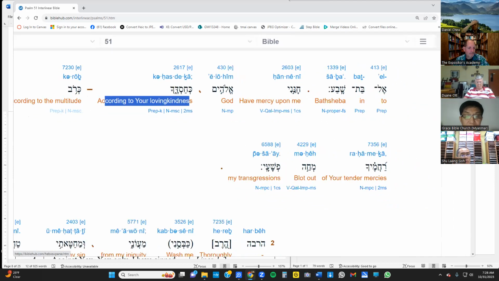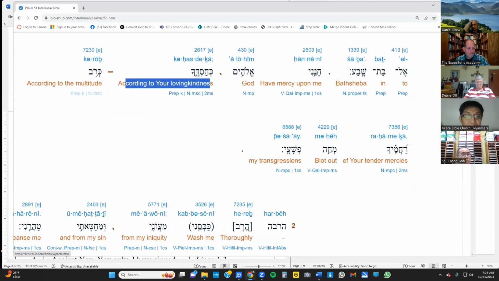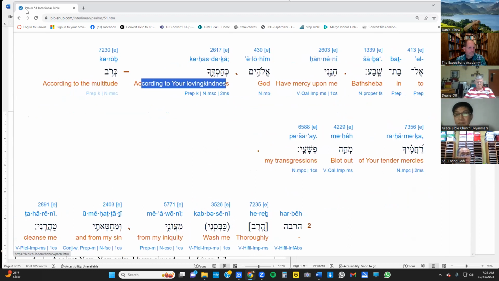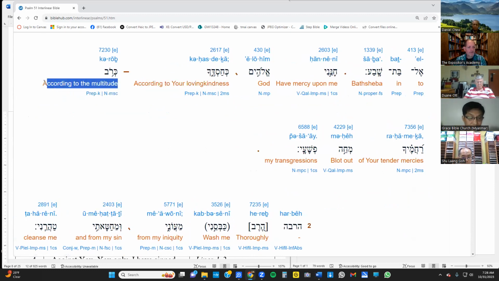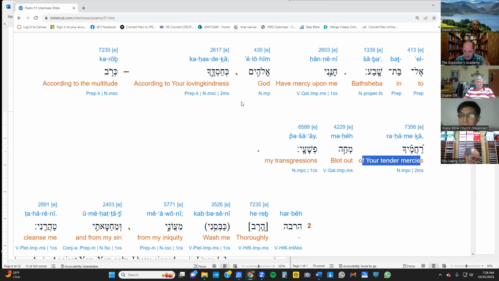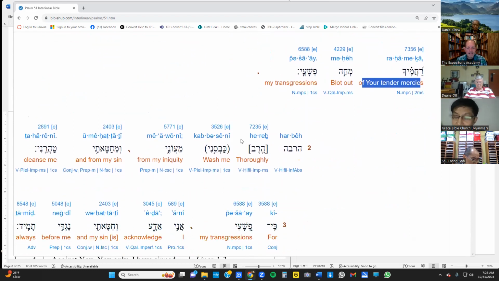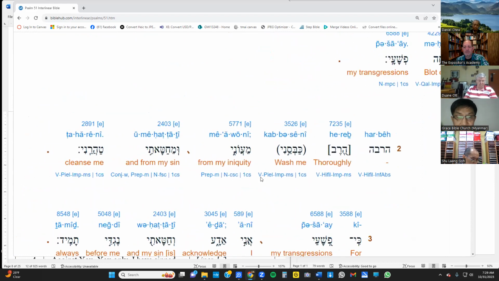And then, sorry, the font got weird on this. He started with, according to the multitude of your tender mercies, your compassion, blot out my. So in the first line, we see this reversal. And then again, he does the same thing, a chiasm in the second line as well, as we just noticed.